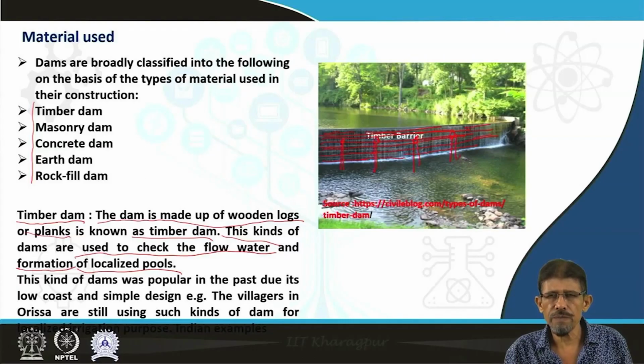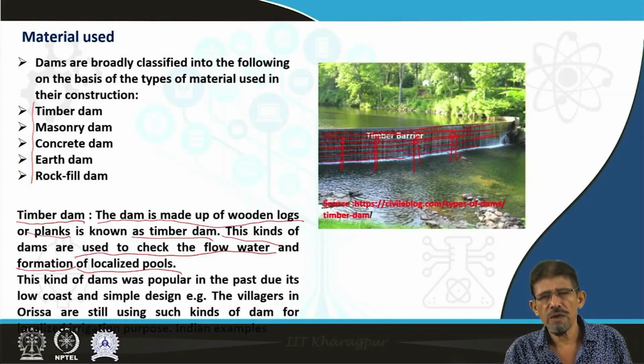Still, villagers in many states, particularly in Orissa, are utilizing such dams for localized irrigation purposes. On the other hand, this type of dam is also utilized to check the velocity of flow for proper safety of the main project.